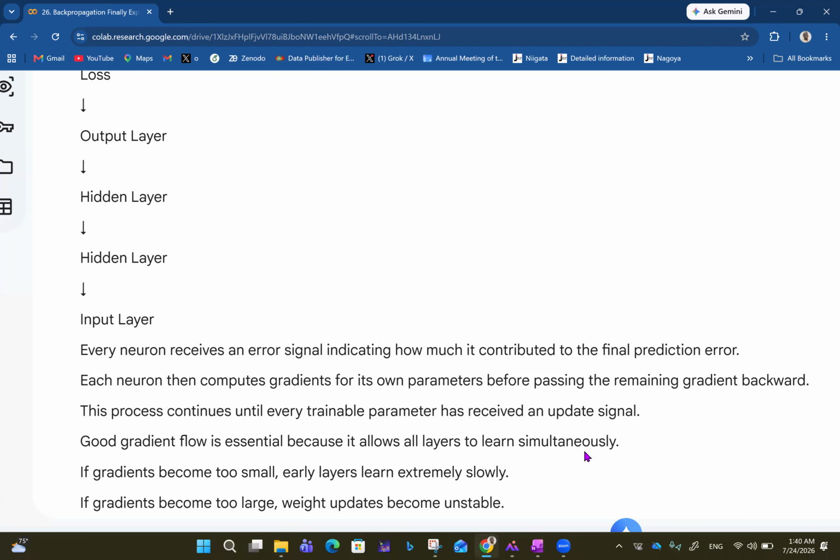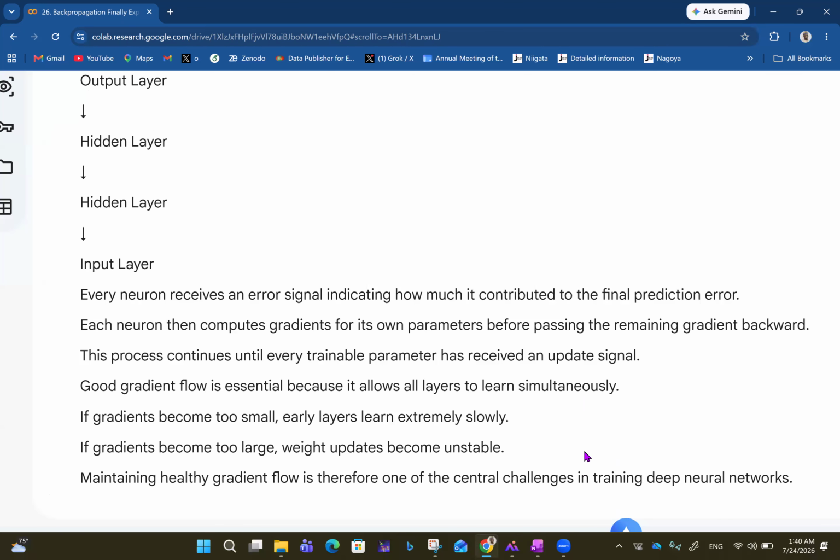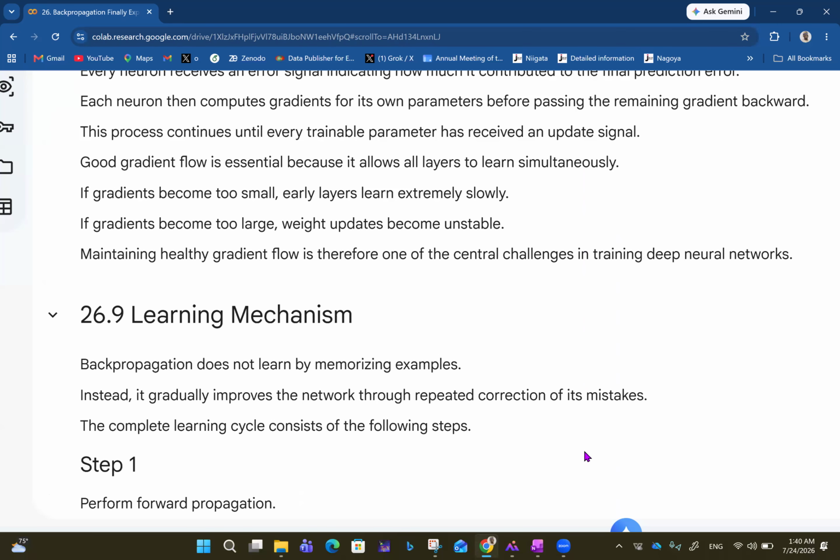If gradients become too small, each layer learns extremely slowly, and if gradients become too large, weight updates become unstable. You don't want gradients too small, so that learning stops altogether or becomes too slow. You want to maintain that balance. Maintaining healthy gradient flow is therefore one of the central challenges in training deep neural networks.